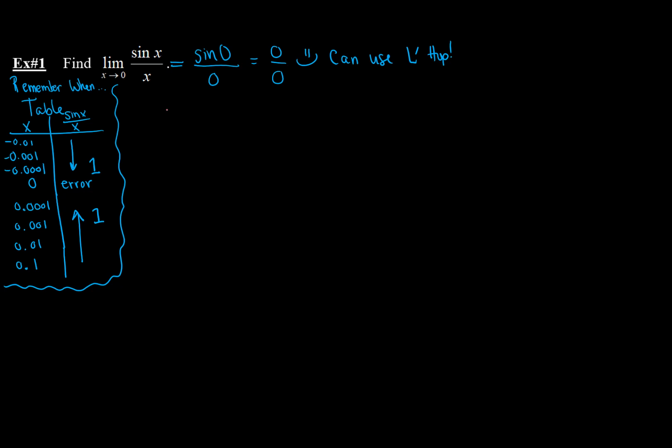Now, your notation here, you've got a little bit of creative freedom. You can use an equal sign with a little parentheses, capital H. I've seen L'H with a little arrow.